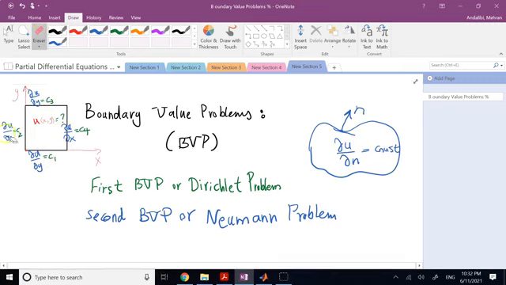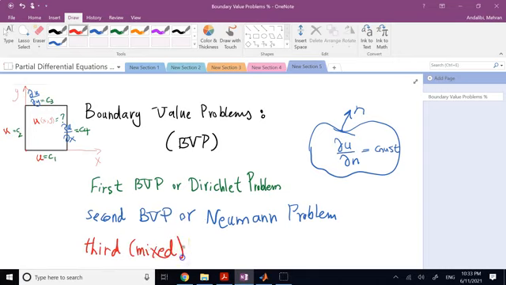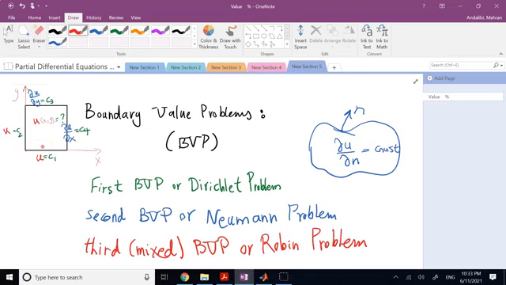At some other boundaries, you directly determine that variable itself. If something like that happens, which is a mix, we call it the third, or mixed BVP, or some people call it the Robin problem. Okay, many problems we solve, especially for heat transfer, are this Robin type.